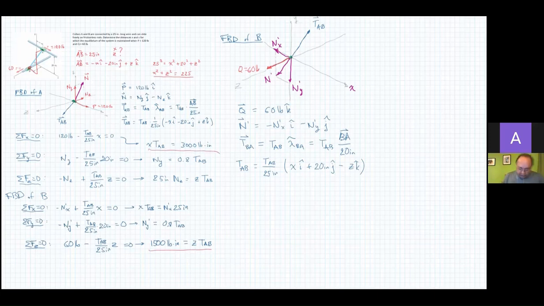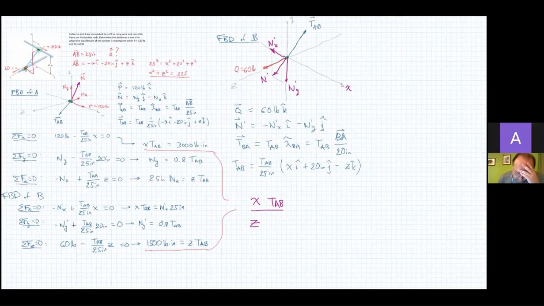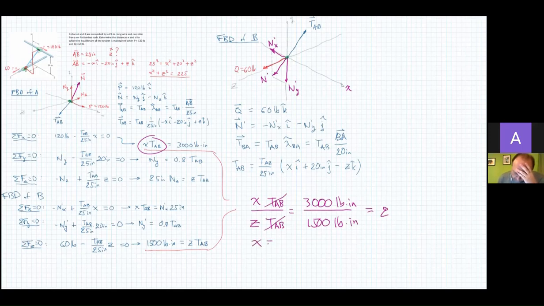If we divide them, we can get rid of TAB and we get something in x and z. So x TAB equals 3000 and z TAB equals 1500, pound-inches. So here we can obtain that x equals 2z.